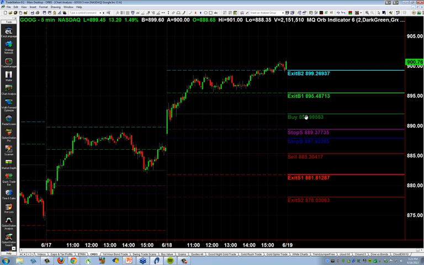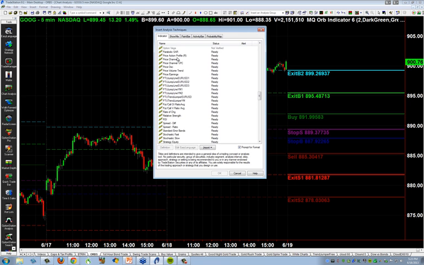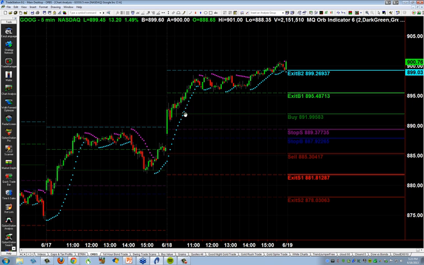Target 1 is 895 and target 2 is 899. So it does a lot of the hard work for you. If you want to take it up a notch, you could do a parabolic SAR on that one and see how it would treat you. You just use the dots here, and you could tighten it up a little bit and make it just a tad better for yourself.